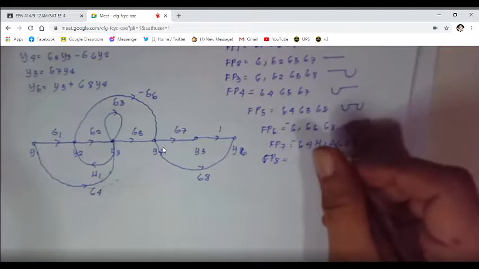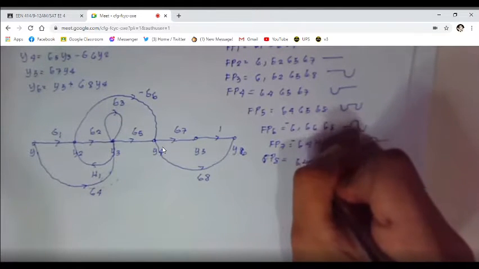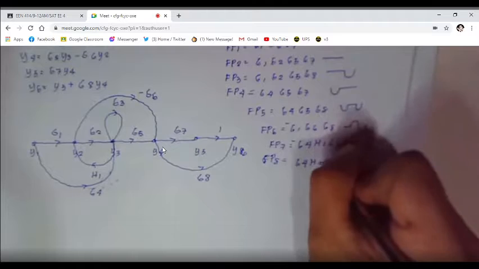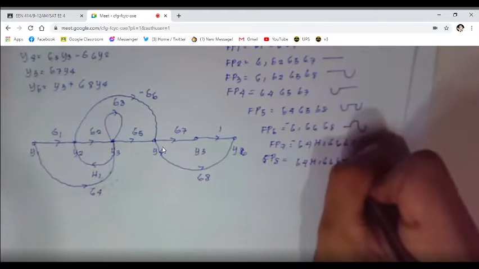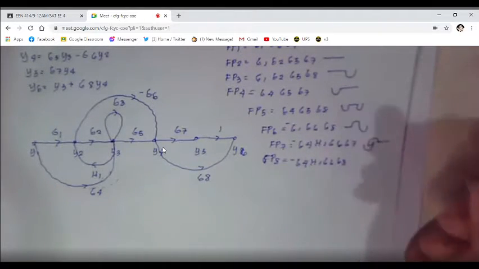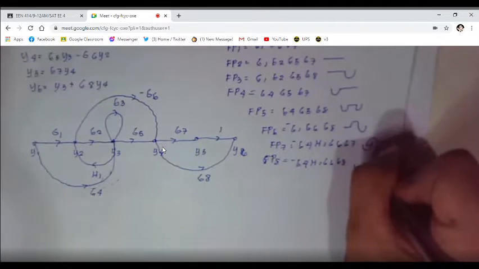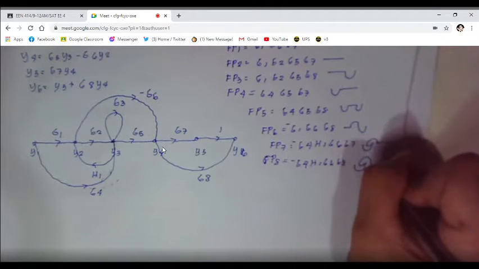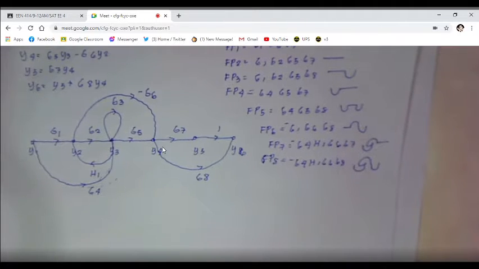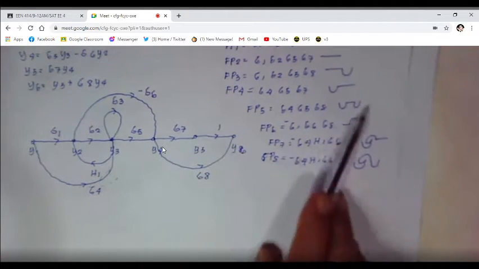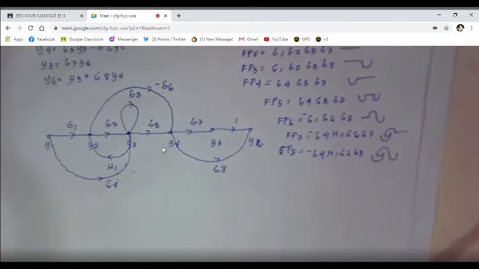So, parang G4, H1, G6, and G8. So, you have negative. Okay, so paano ba i-drawing yan? Pag ganun, bumalik siya, tapos pag ganyan. Yan. So, 8 lahat. Okay, next.